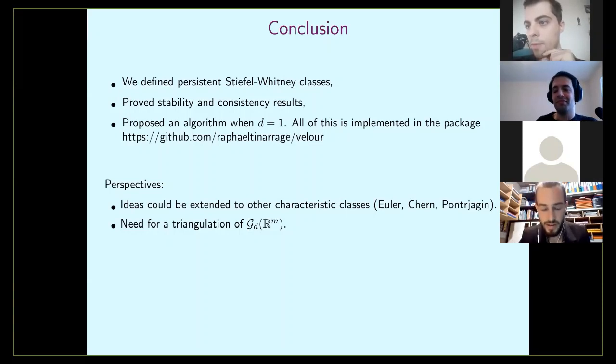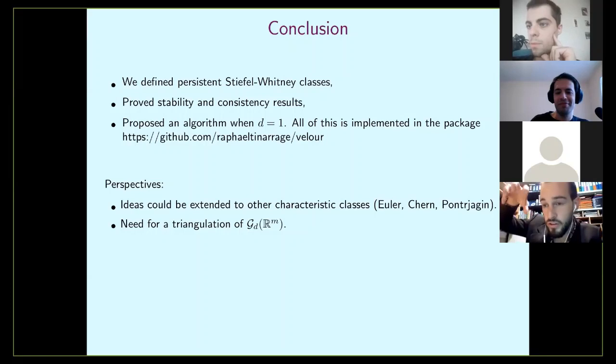So this is something I'm dealing with right now. If you know a bit about cellular structures, if you want to triangulate the Grassmannian, you could just triangulate the cellular structure of the Grassmannian. So what I tried last week is to build the Grassmannian by gluing cells on top of each other.